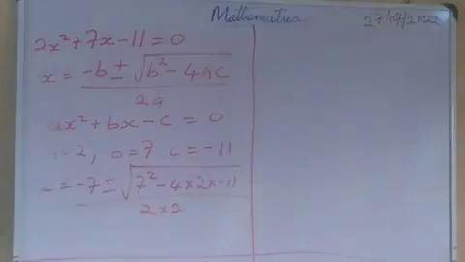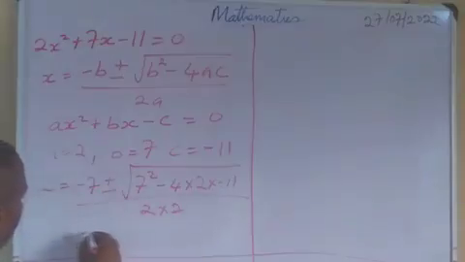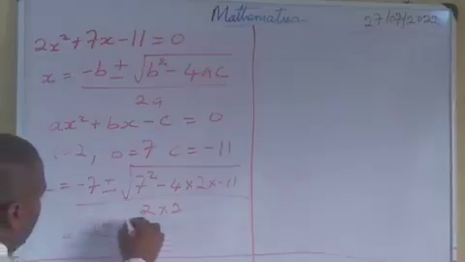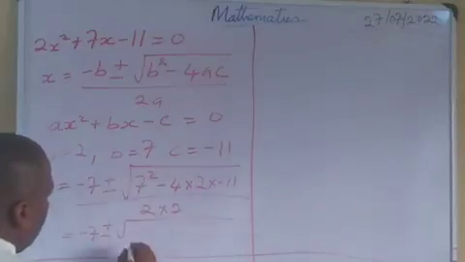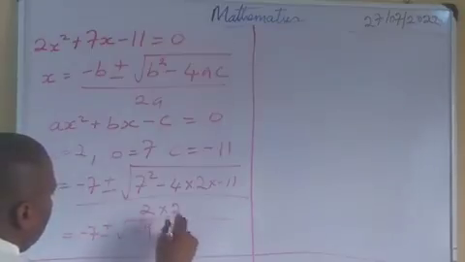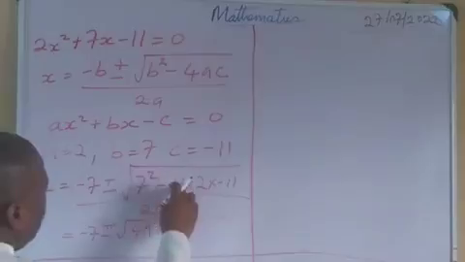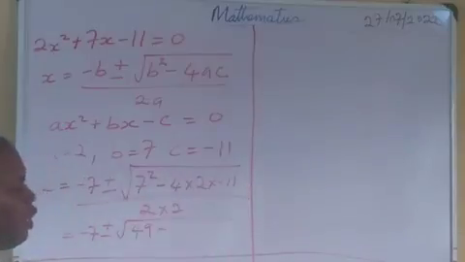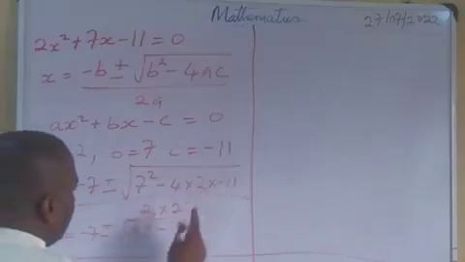So that is it. Now, solving this, you will get minus 7 plus or minus square root of 7 squared, which is 49, minus 4 times 2 is 8, times 11 is 88. Minus times minus will give you a plus.